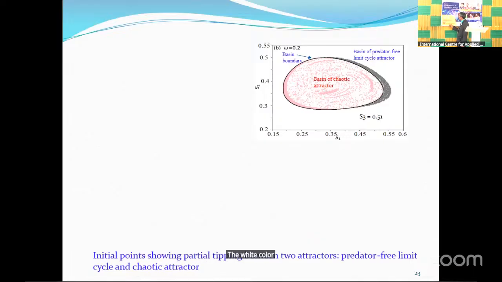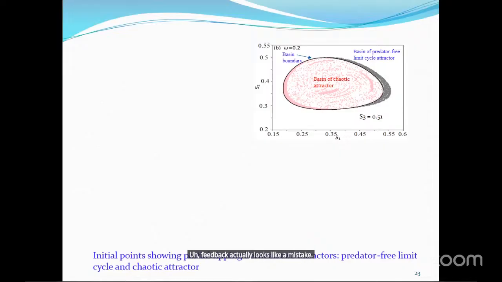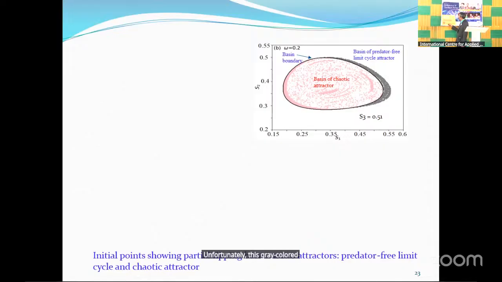The white color basin is the predator-free limit cycle, and inside this is the basin of the chaotic attractor. These pink color initial points cross this boundary and reach the predator-free limit cycle state. On the contrary, these gray color initial values cross the boundary and produce chaotic behavior.